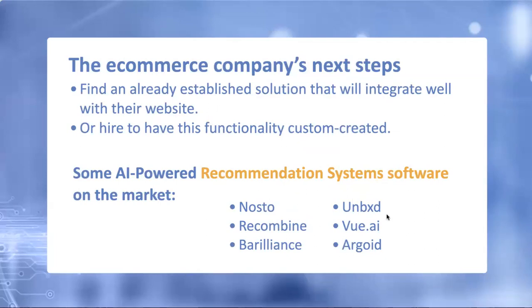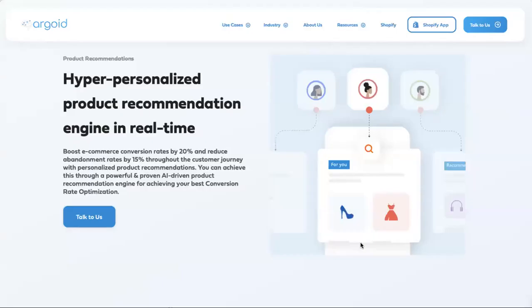There's a lot of them, but here's some of the ones we're looking at. And this one right here, Argoid, this is their homepage. And so you just look, see their features. We liked that this had a Shopify app because it's a Shopify store. Probably going to move forward and talk to them.